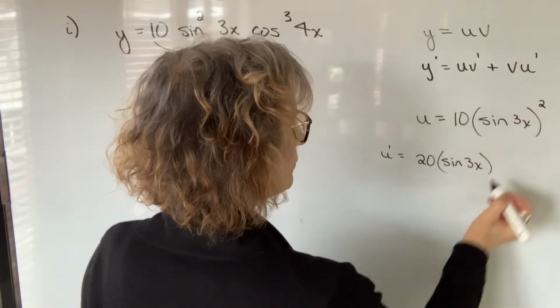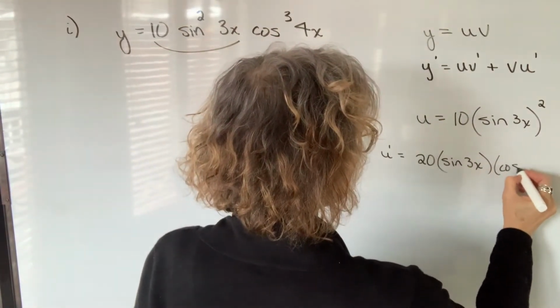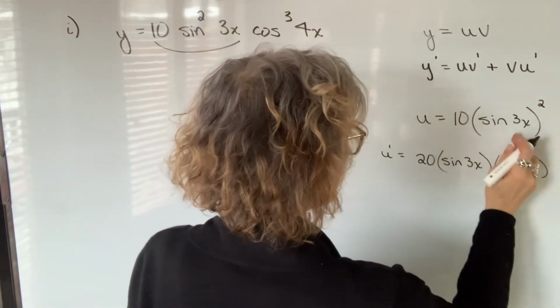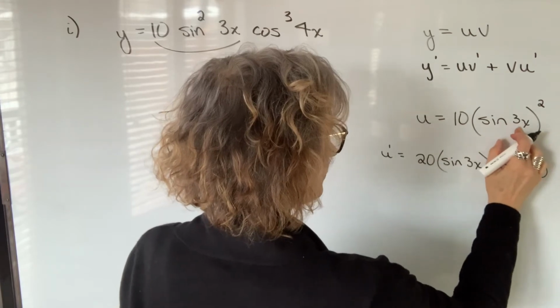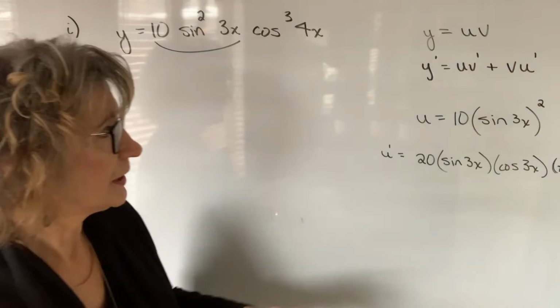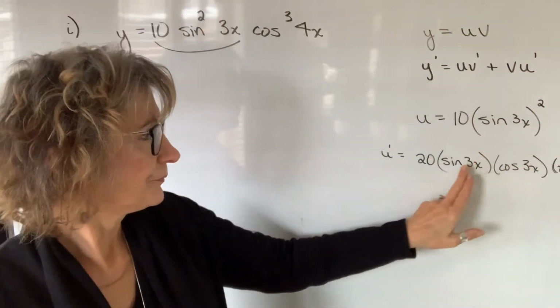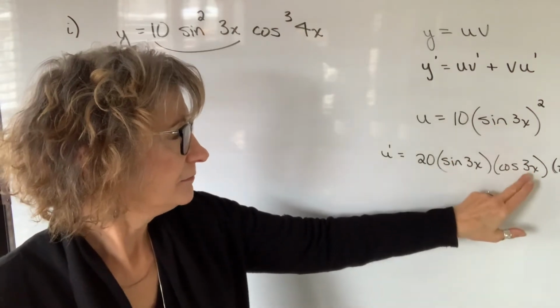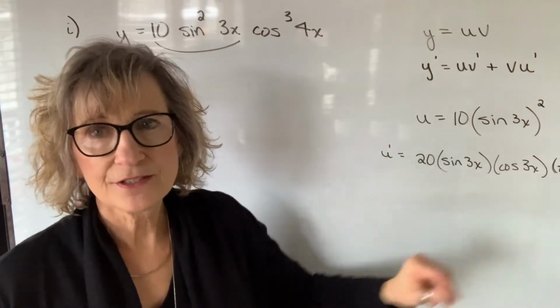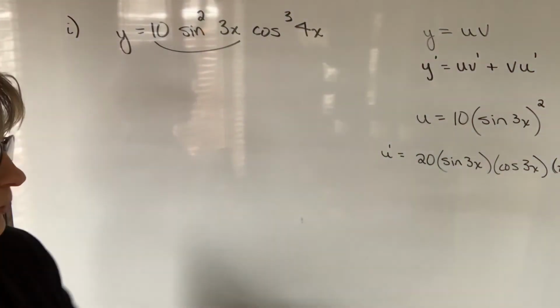Then we go inside and we multiply by the derivative of sine of 3x, which is cos of 3x. Then we go inside the sine function and we multiply by the derivative of 3x, which is 3. So lots of functions going on there. First of all, power, then sine, then 3x. So the derivative of each of those should be included in your whole derivative.